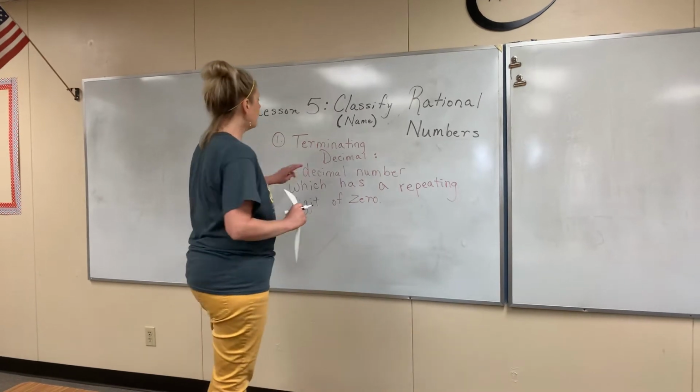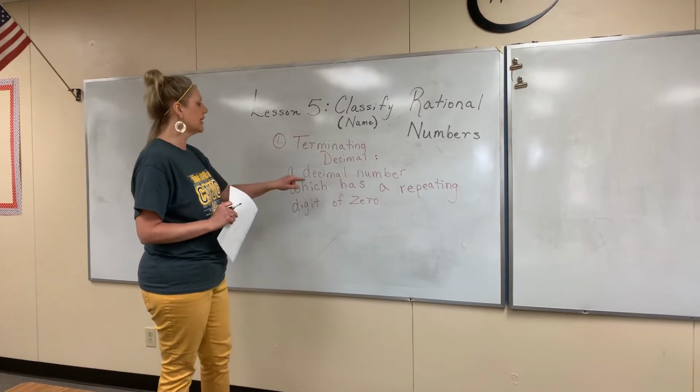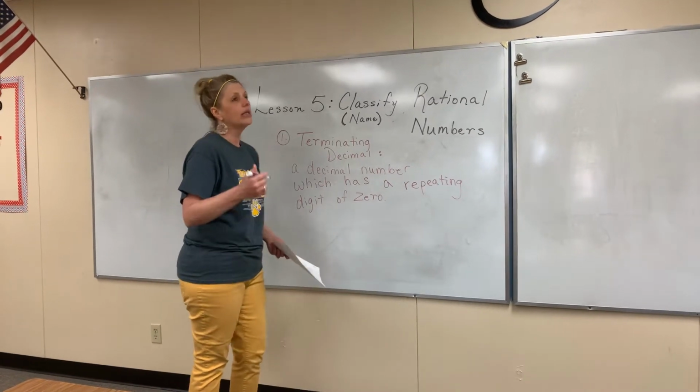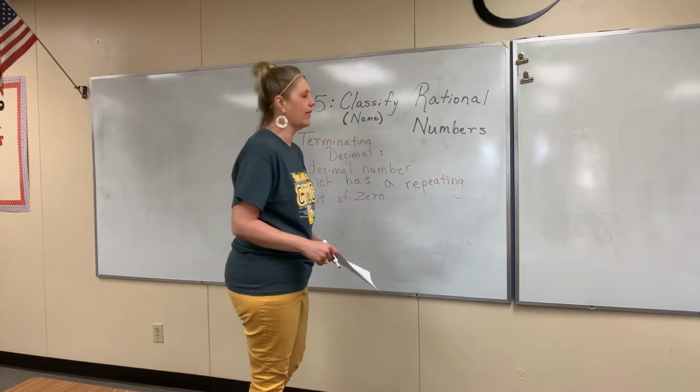Okay, now that's the definition of a terminating decimal. It's a decimal number which has a repeating digit of 0. Now, let me give you an example as to what I mean by that.